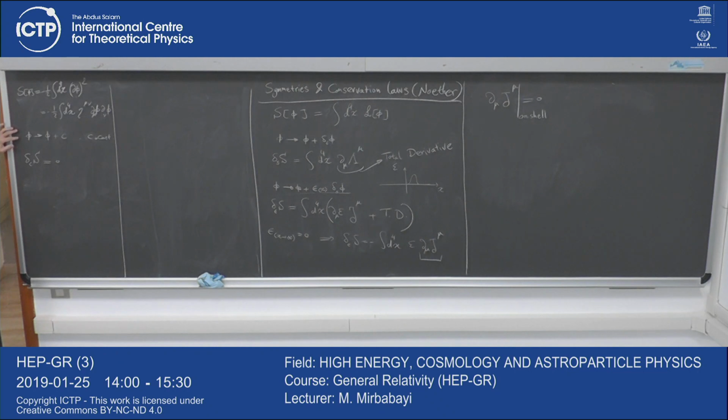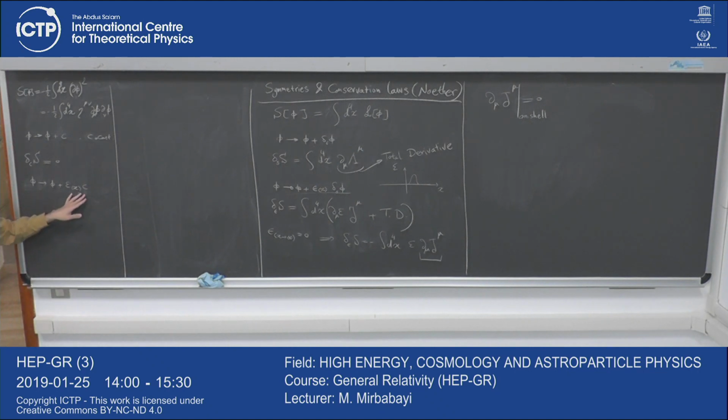So how do we derive it? We follow that prescription. We take phi going to phi plus epsilon of x, some arbitrary function of x, times whatever parameter that we have.